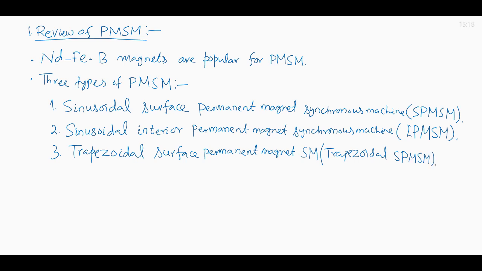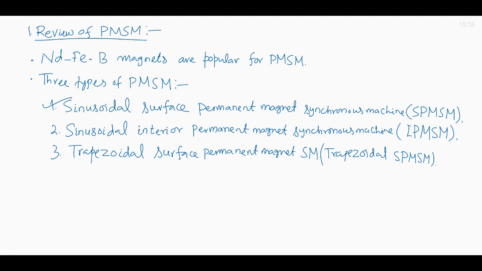First type is sinusoidal SPMSM, third type is trapezoidal SPMSM. So, let us have a review of these machines. First is sinusoidal surface permanent magnet synchronous machine, SPMSM.